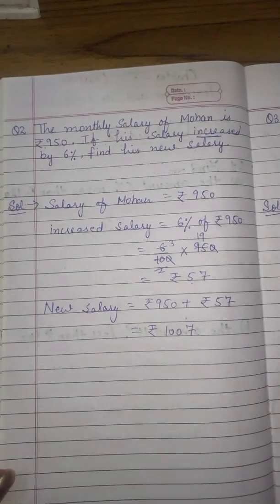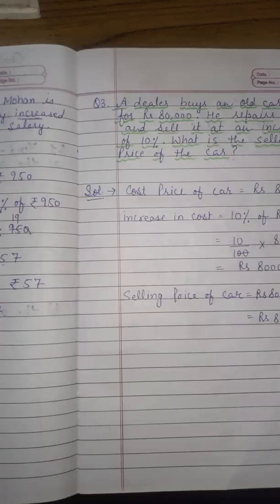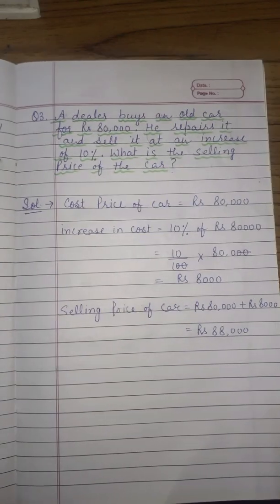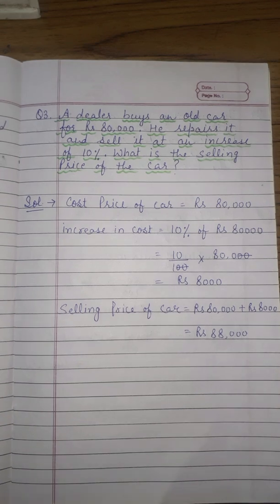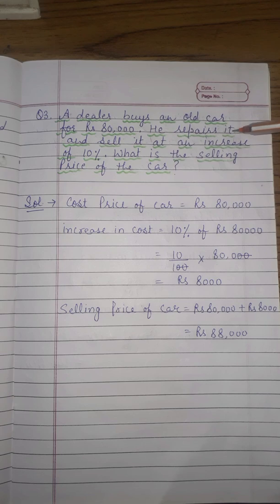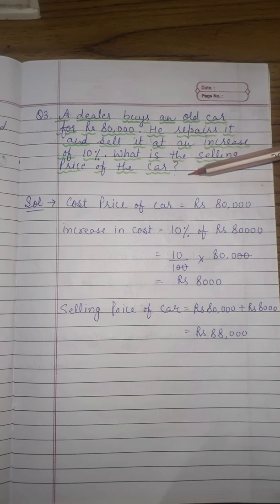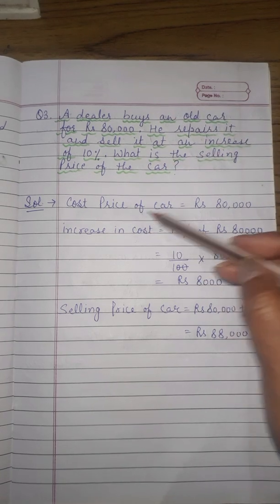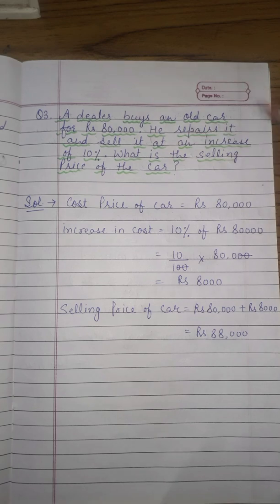In the next question, the same concept, percent more or percent less, is used. Here a dealer buys an old car for rupees 80,000. He repairs it and sells it at an increase of 10%. What is the selling price of the car? Here the cost price of the car is rupees 80,000.